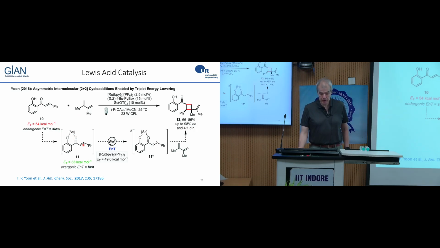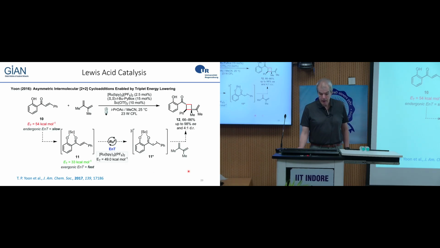It could be, in principle, if the triplet energy would be higher than these 54, then we could also have a reaction that this cyclization between these two molecules would occur in the absence of a scandium catalyst. But the way very cleverly chosen is that your triplet energy of the catalyst is only sufficient when the Lewis acid is coordinating to this.